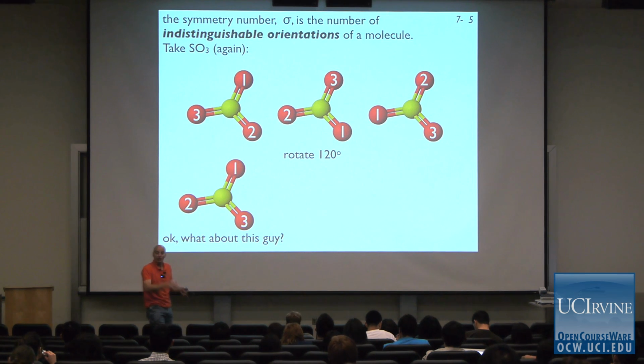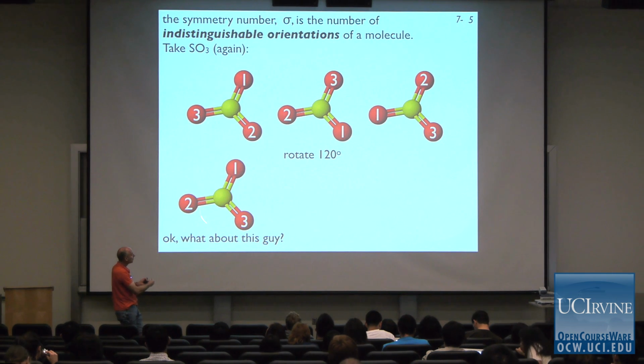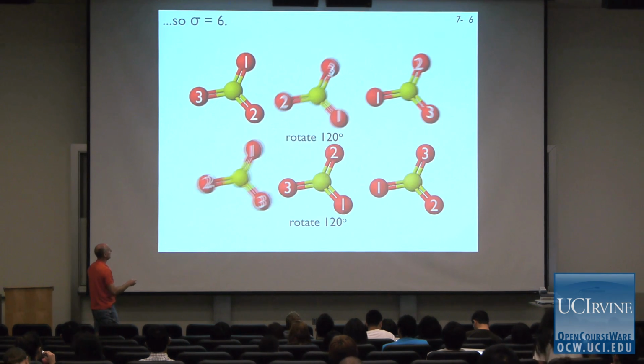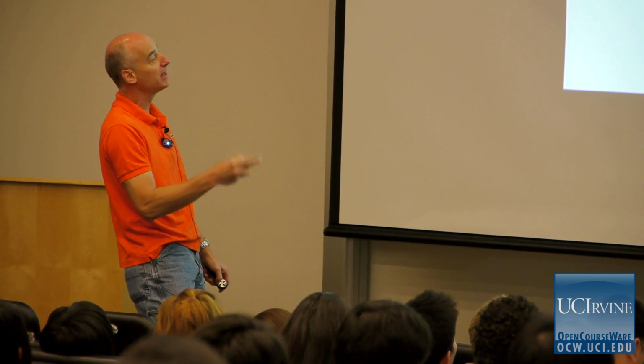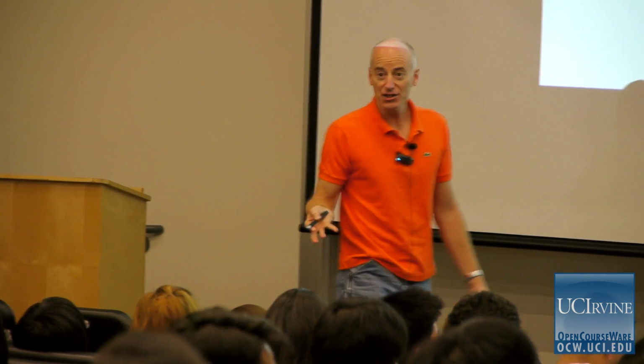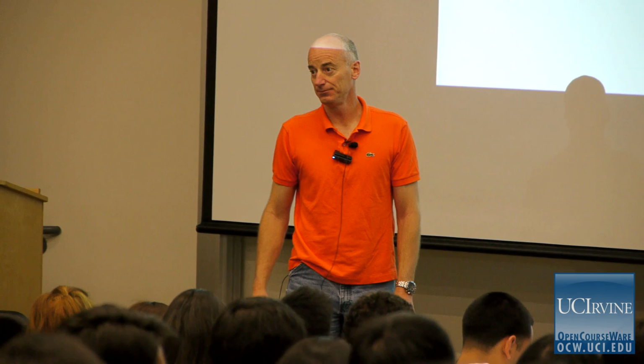So the fact that I can flip this guy over and get an indistinguishable orientation is only because he's flat. And then once I've got this, I can do the 120 degree rotation again, and so I end up with 1, 2, 3, 4, 5, 6 indistinguishable orientations for this molecule that are possible. I don't think there are more than that.